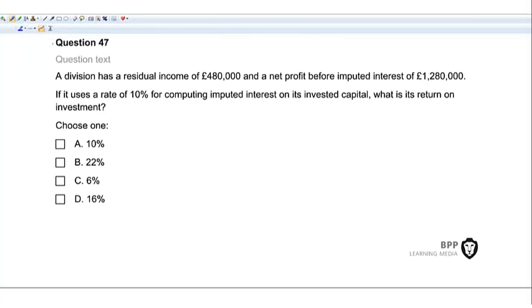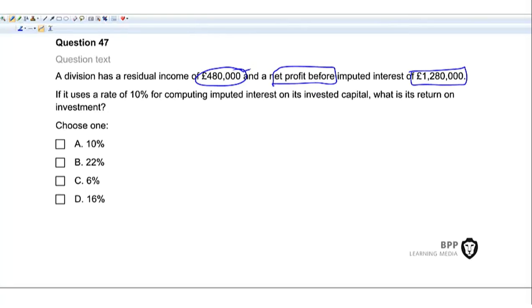A division has a residual income of 480,000. Now remember that residual income is your profit less the imputed interest, and it tells us that the profit before the imputed interest was 1280.